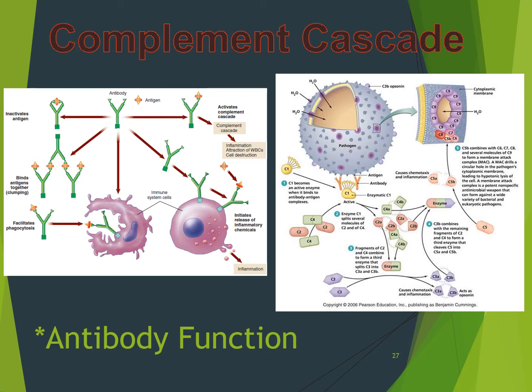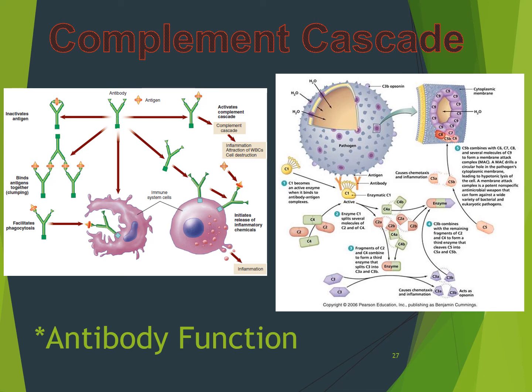Now, sometimes when this antigen-antibody complex is formed, the antibody is changed slightly. And when the antibody is changed slightly, that allows for other proteins to attach to it. These proteins are enzymes, and these enzymes are called complement proteins. These complement proteins are inactive, floating around in our blood, just waiting for the opportunity to blow something up.